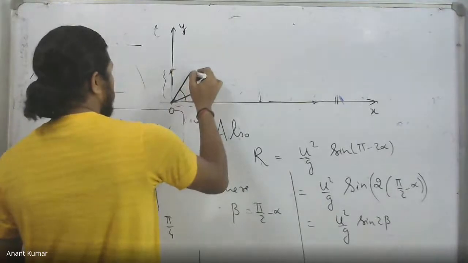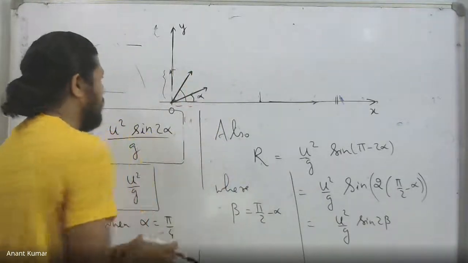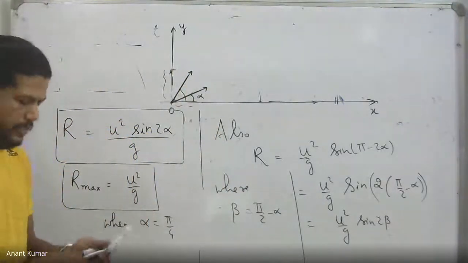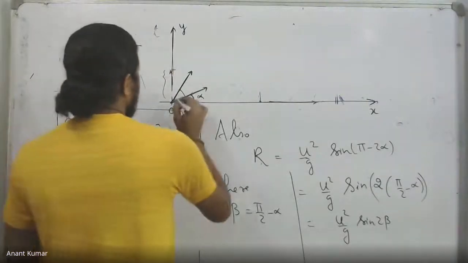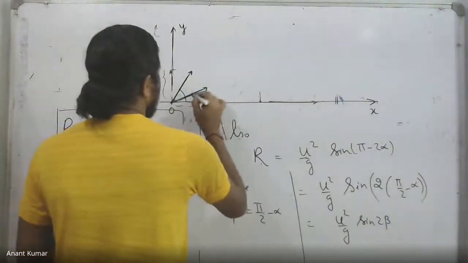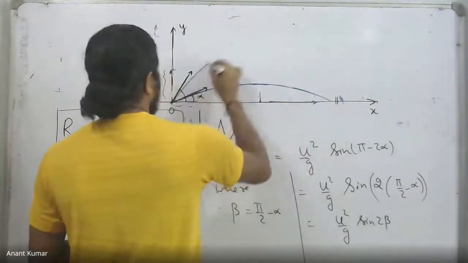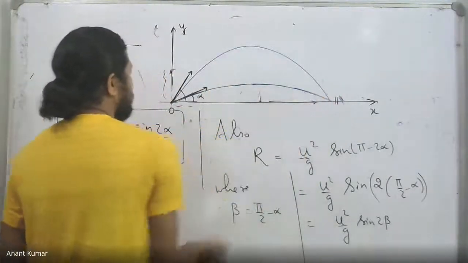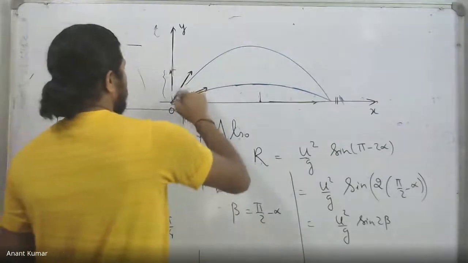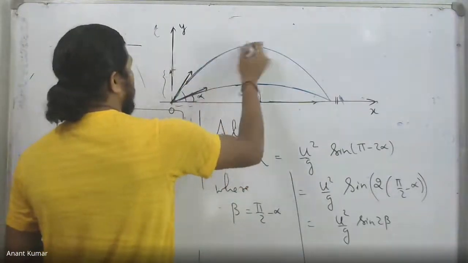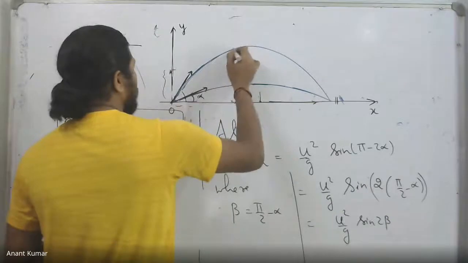The speeds are equal, both the speeds are the same. In that case, the ranges are going to be the same as well. This will be something like this, and this will be something like this. The ranges are going to be equal actually, but the other parameters are not. The time of flight will be different.